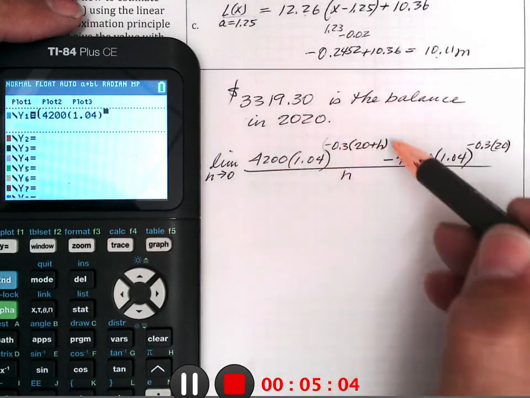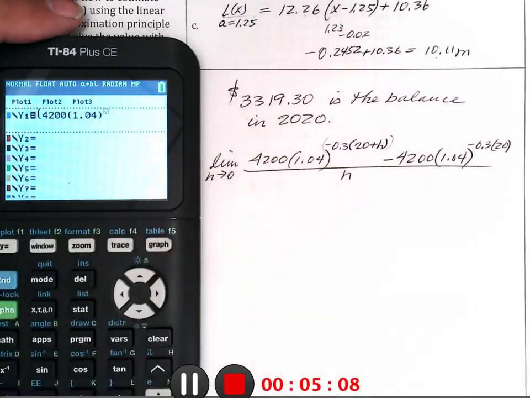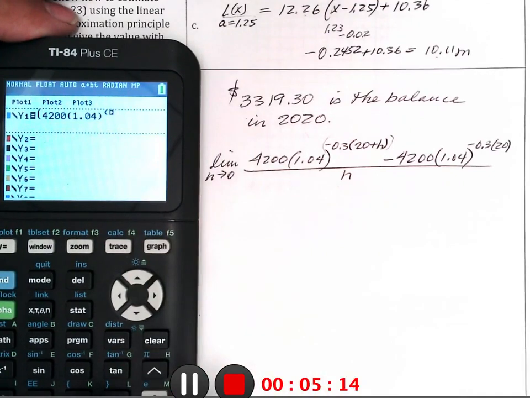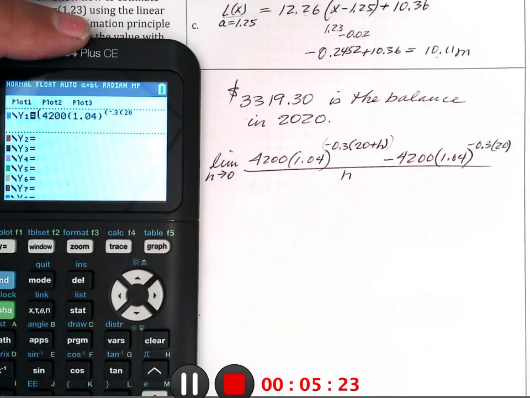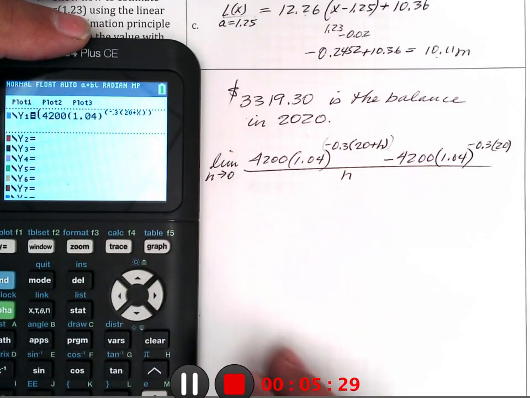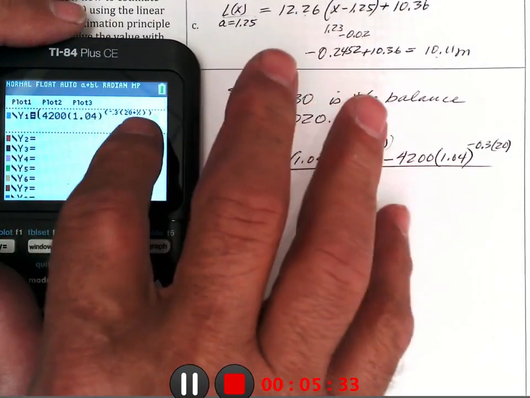If you didn't do that, you'll get the wrong answer. But since this goes up, I don't need them. But I'm going to put them on there just so that those of you who don't have the one that does this pretty notation, you'll need to do minus 0.3 parenthesis 20 plus x, close parenthesis for that, close parenthesis for that whole numerator. Now, on this calculator, you don't need that outside set there.